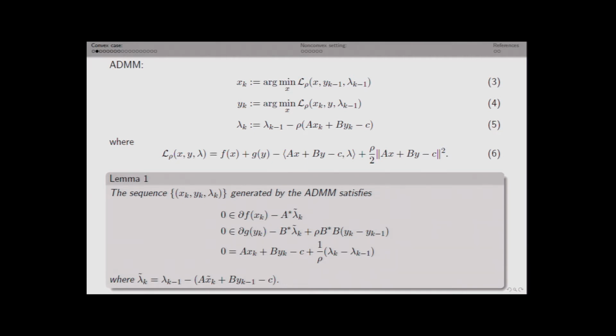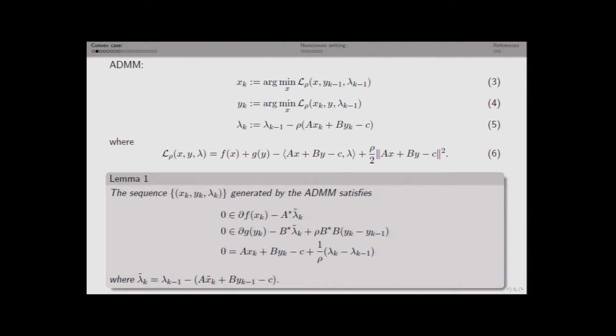And then we have this lambda k tilde, which is given by this expression. What we are aiming to do is to see the ADMM subproblem as a point-to-set mapping, and then to see it as finding a zero of this point-to-set mapping. This is why I'm looking at it this way.